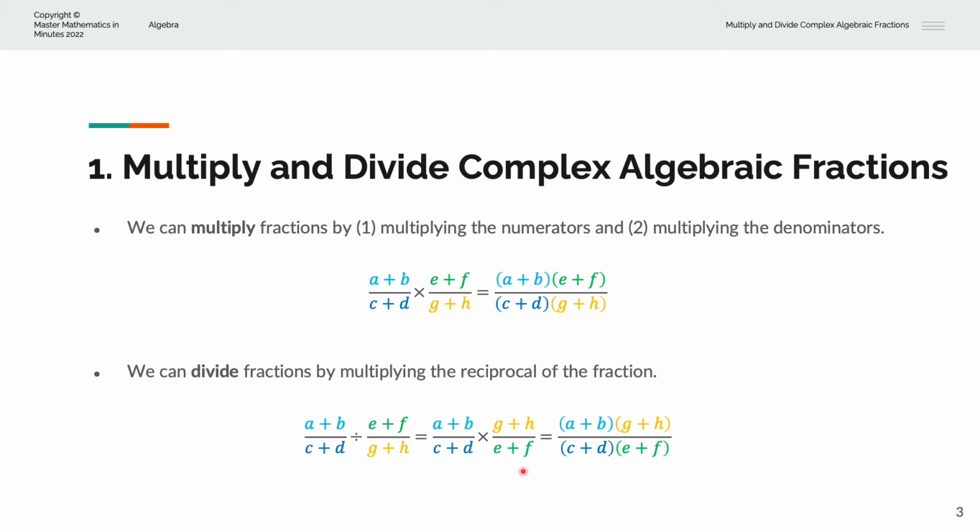To take the reciprocal of a fraction, we swap the numerator and denominator. We can then proceed with the multiplication of these two fractions as usual, and that becomes a plus b into g plus h over c plus d into e plus f.